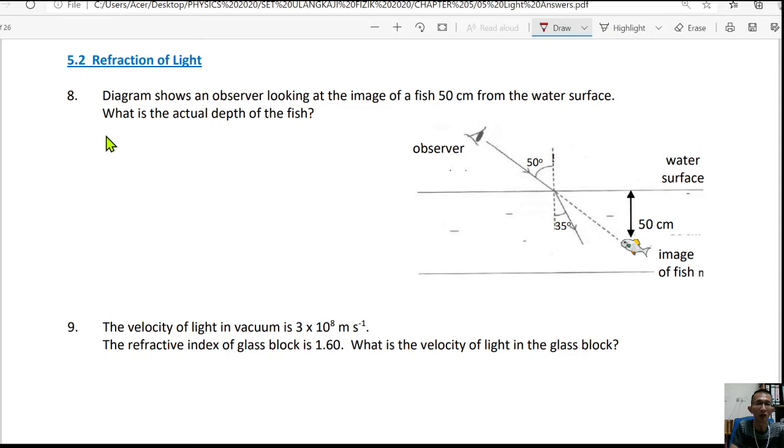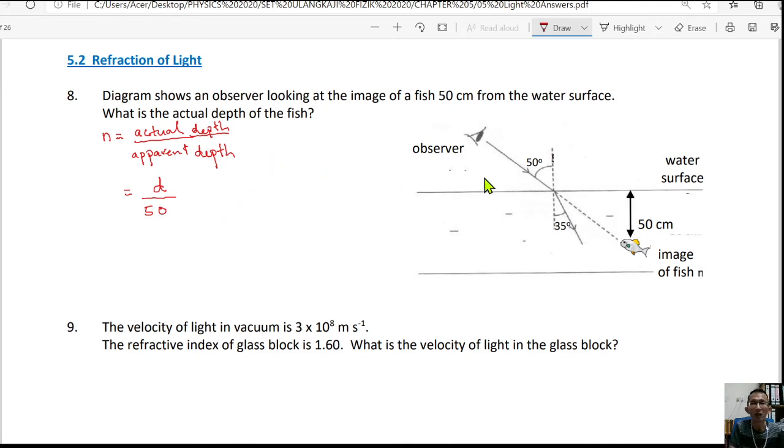I do know that the refractive index equals actual depth divided by apparent depth. Our actual depth is what we don't know, so I will just put it as D. The apparent depth is this distance here, that will be 50 centimeter.